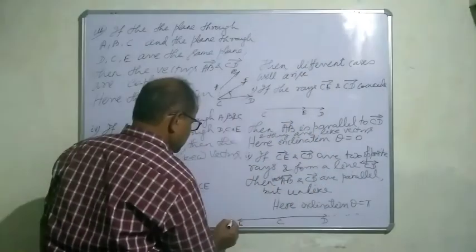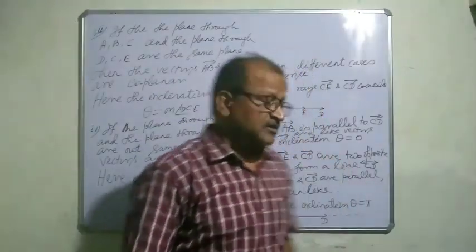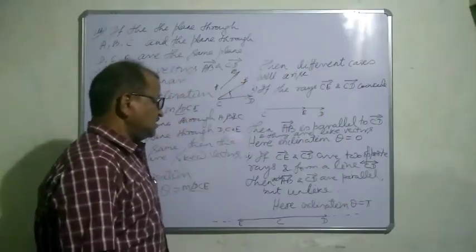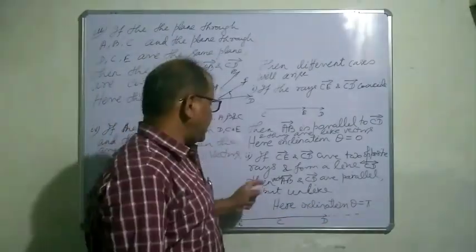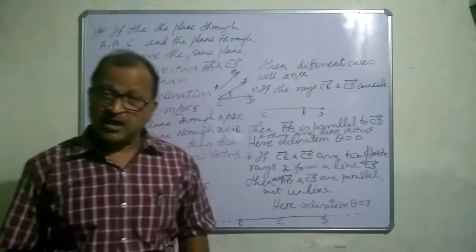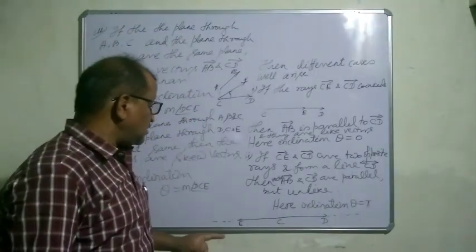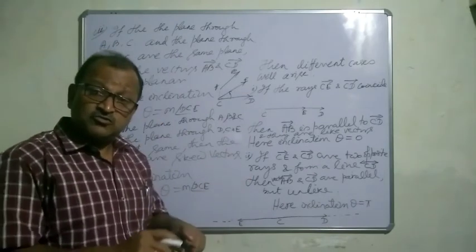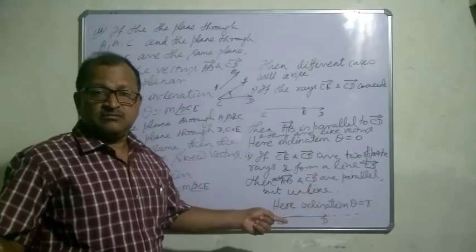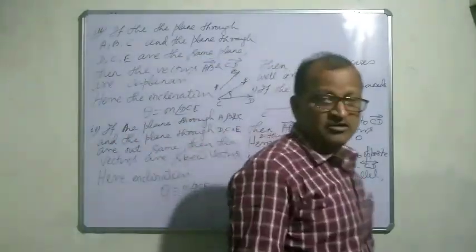In this case the inclination is pi. And these two vectors AB and CD are parallel but unlike, as they have opposite directions. So they are unlike vectors.